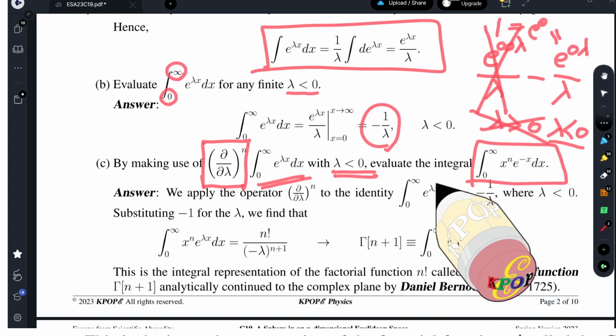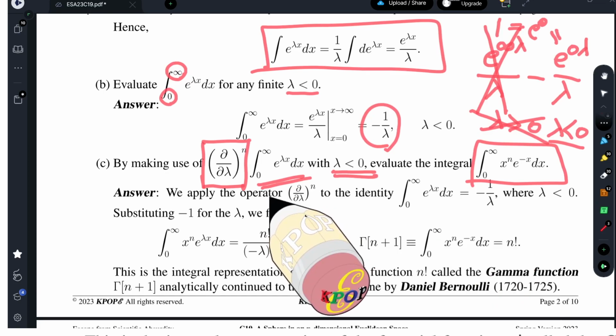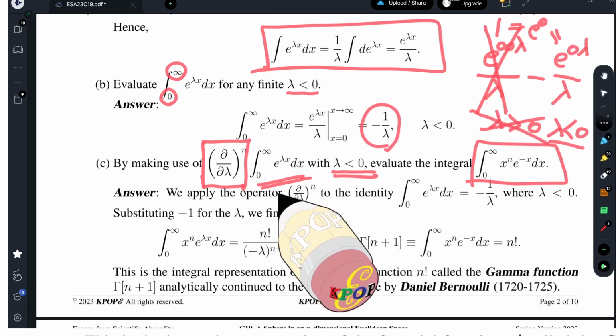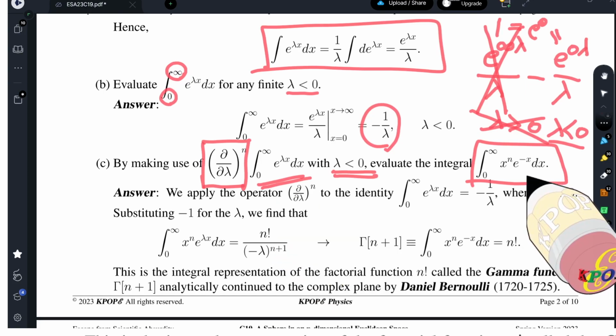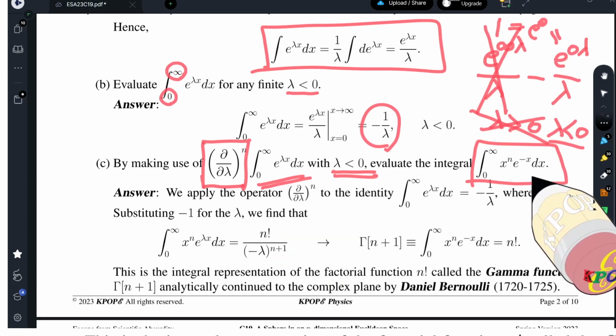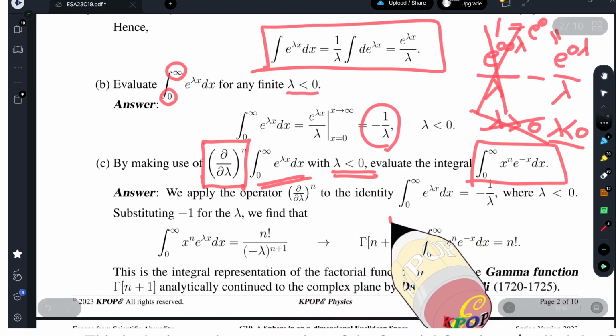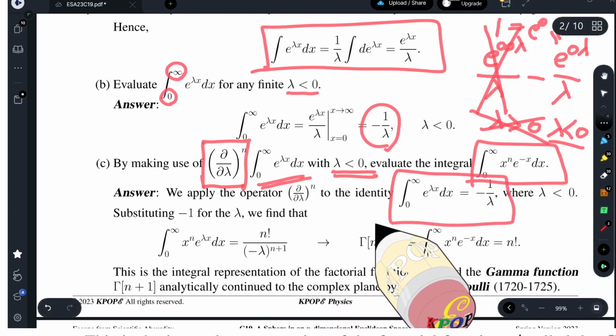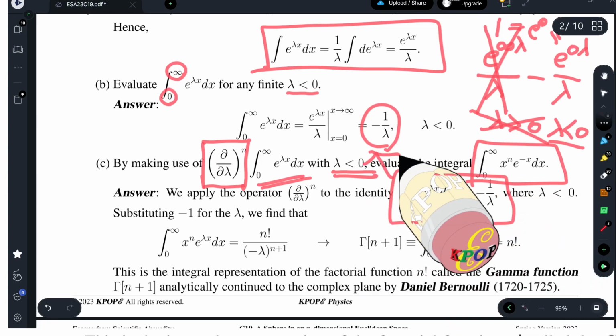In principle, you can make use of integration by parts that derives from the Leibniz rule, but this is much more convenient than applying integration by parts. We begin with the integral we have just derived.